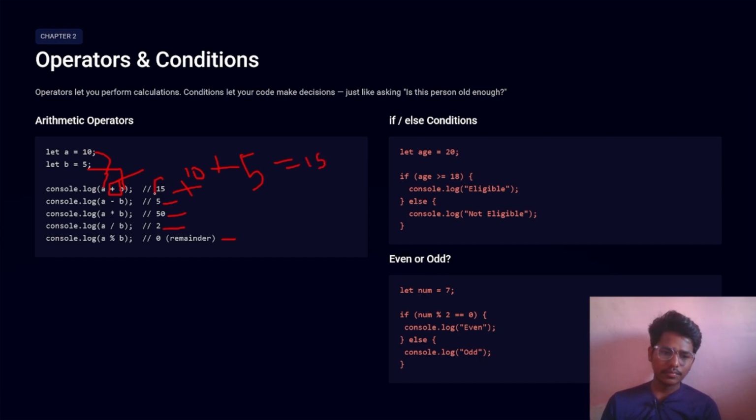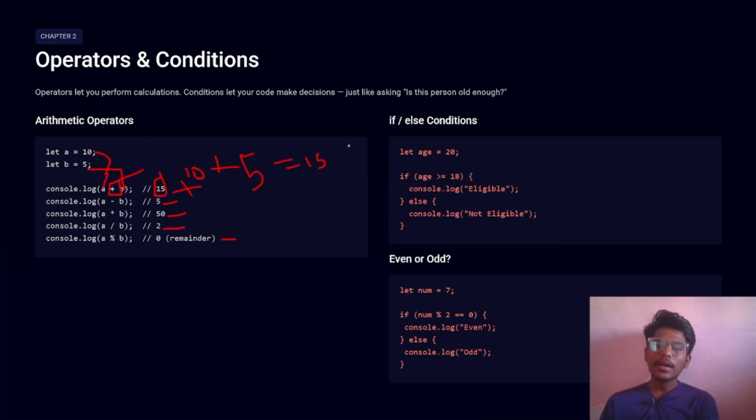Here is the answer. In that same way, console.log a minus b, a into b, a divided by b, and a modulus of b. The a minus b is 5 and a into b is equal to 50, like that. The 5 operators are performed. Okay. Here it is the operators.